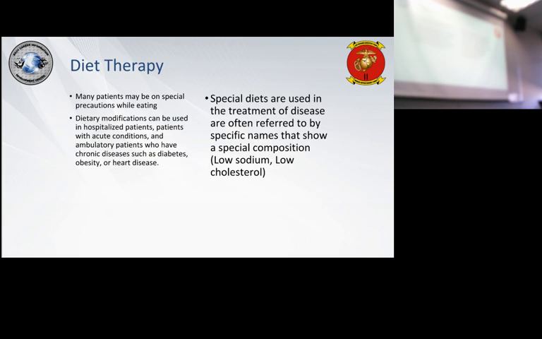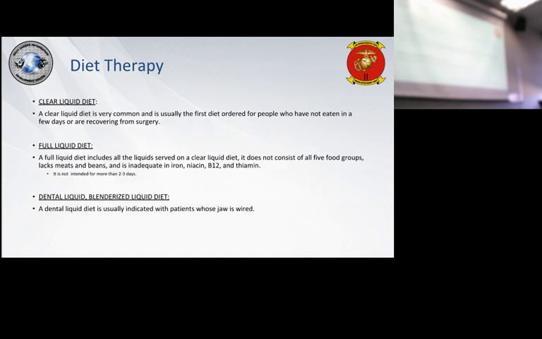Diet therapy. Special diets used in the treatment of disease are often referred to by specific names that show a special composition, low sodium, low cholesterol. So different diets for different diseases. You've got the clear liquid diet, the full liquid diet, dental liquid, blenderized liquid diet. Of course, that's for somebody whose jaw's probably wired shut.